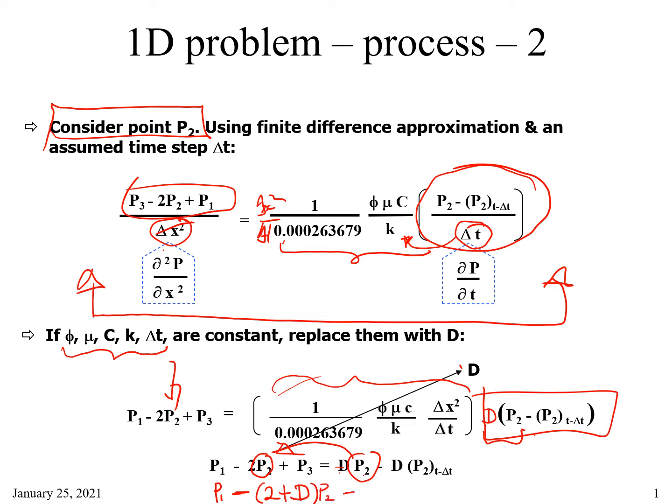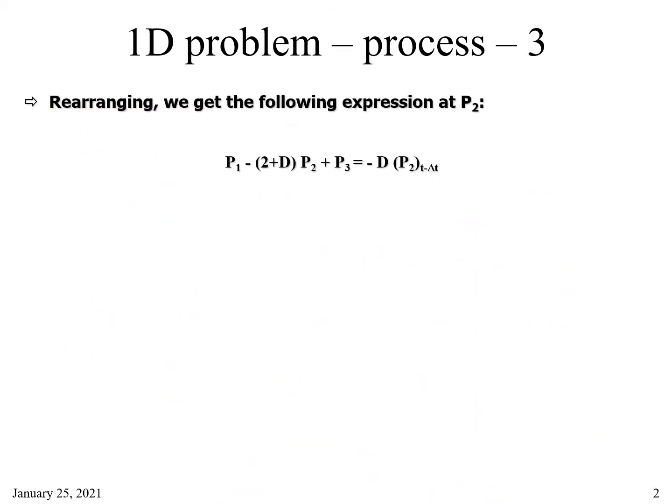P2. Other terms remain the same. This is P2 at T minus delta T, previous time step. And that's what you see on the next slide. That's precisely this, right? Exactly what I just wrote down on the previous slide.